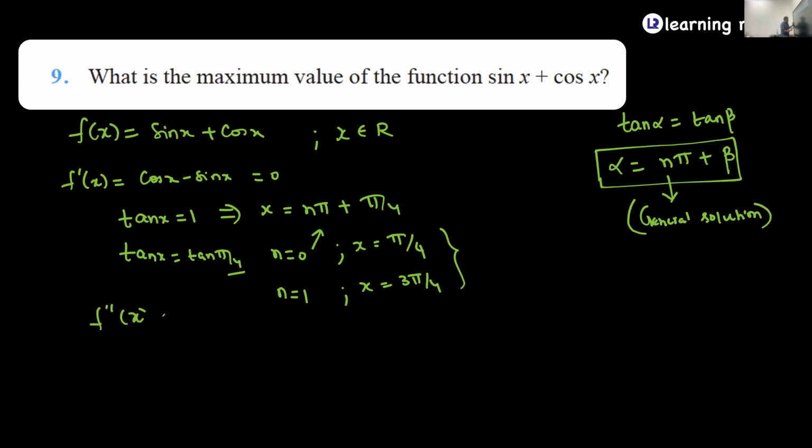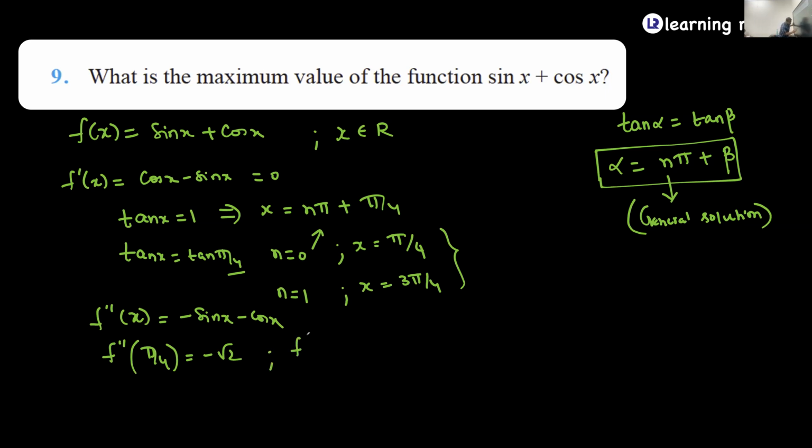So f double dash of x is equal to minus sin x minus cos x. Take each value and substitute it. So f double dash of pi by 4 is minus 1 by root 2 minus 1 by root 2, which will be minus root 2.